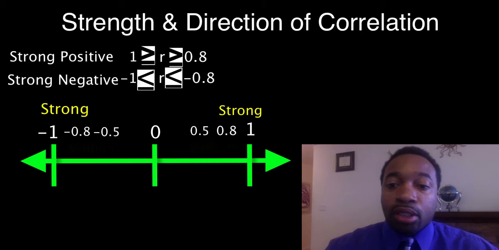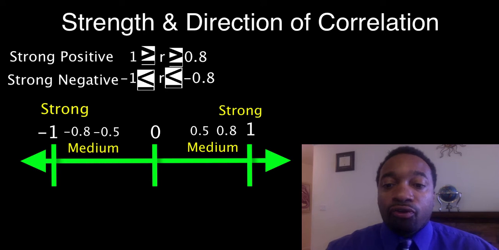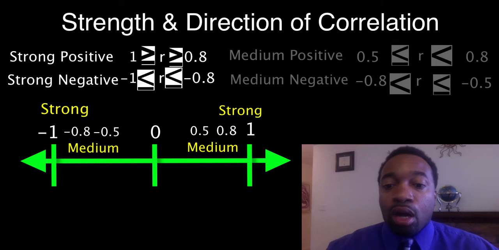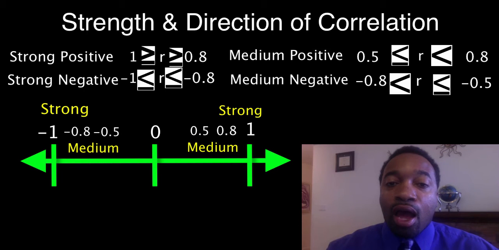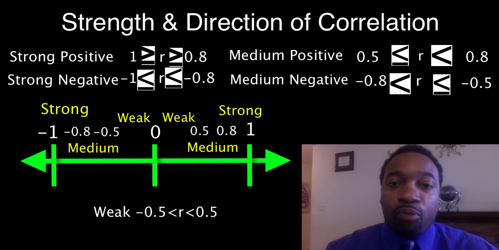Now medium is from 0.5 and right under 0.8. So negative 0.5 to negative 0.8 would be a medium negative correlation, and 0.5 to right below 0.8 would be a medium positive correlation. And then of course our weak correlations would be anywhere between negative 0.5 to positive 0.5.